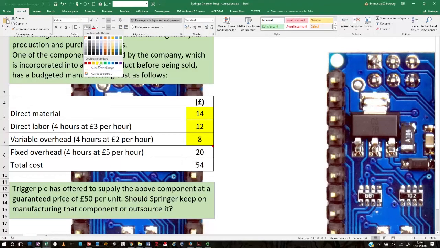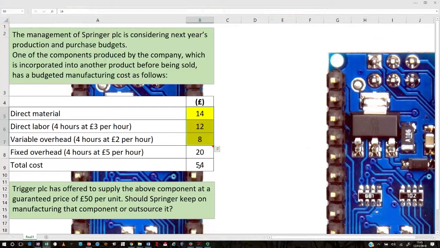And the last one is fixed. And so the total cost is 54, and you have the possibility to buy that component at 50. Should you keep on manufacturing the component at a cost of 54 or outsource it and pay only 50?